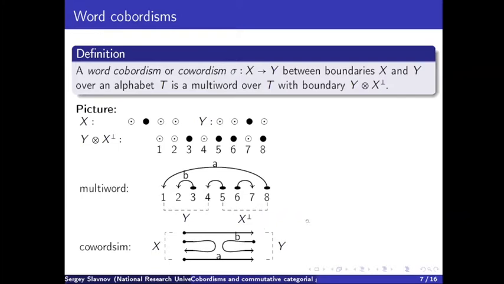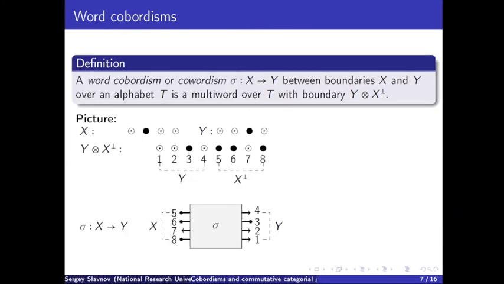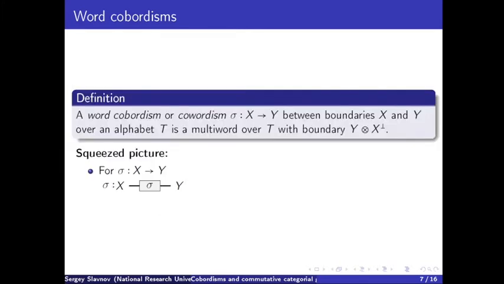And of course, usually we don't know the exact structure of a cobordism, so I depict just a box with incoming and outgoing edges. And more often we don't know the structure of boundaries either. So a more schematic picture is just a box with an incoming and an outgoing wire, which is familiar.